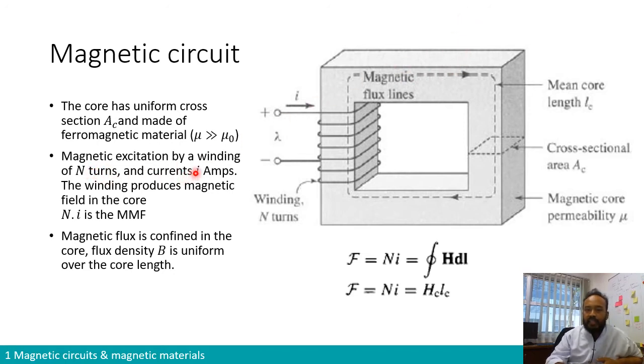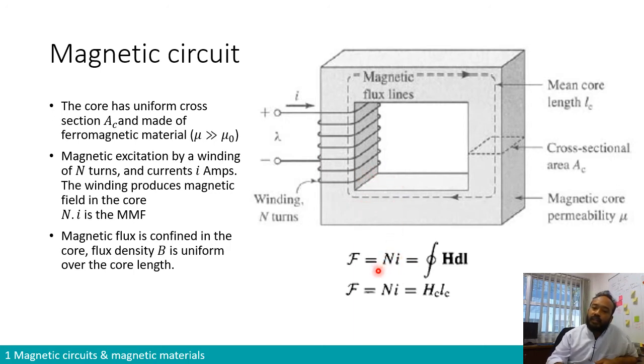And we have magnetic excitation by a winding of N turns and current of I amps. So the winding produces a magnetic field in the core. Ni is what we call the MMF. The MMF can be symbolized by F, the magnetomotive force, right? So magnetic flux then circulates and is confined inside it.